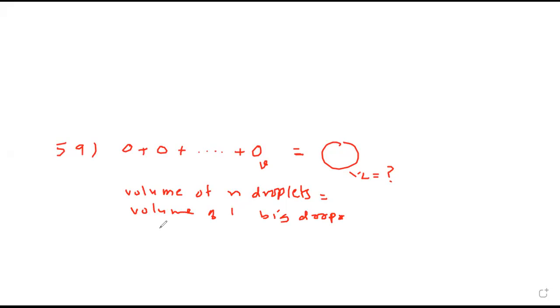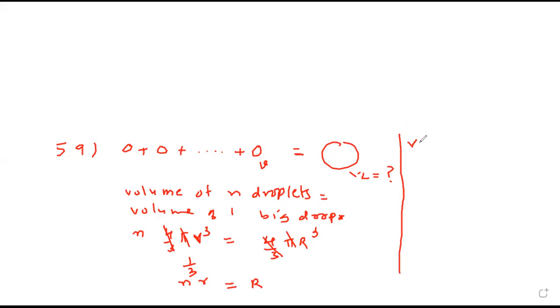That means n into 4 by 3 pi r cube equals 4 by 3 pi capital R cube. So 4 by 3 pi cancels, and N raised to 1 by 3 into small r equals capital R.